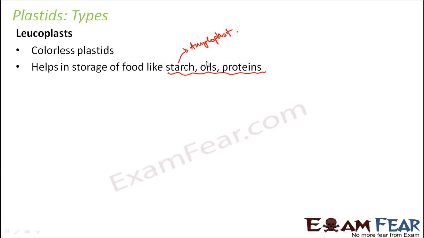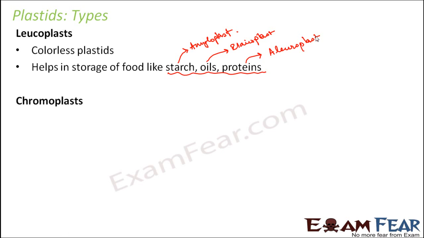Again, the one which stores oils is given the name elaioplast. And the one which stores protein is given the name aleuroplast. So in leucoplast you again have three types: amyloplast, elaioplast and aleuroplast, for those which store starch, oils and proteins respectively.